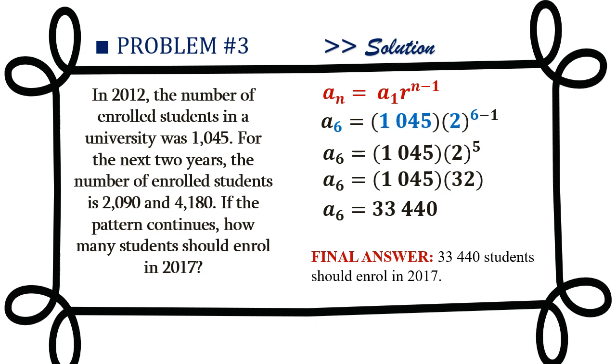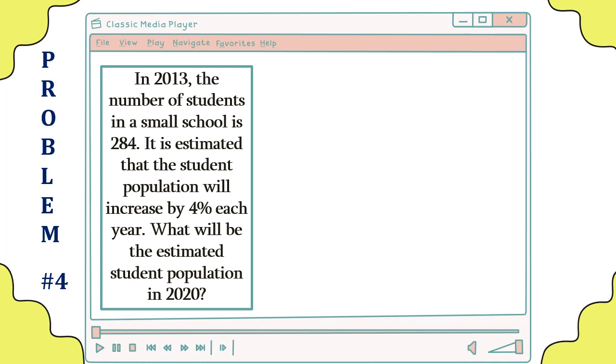Okay, so that's it. Now, let's have our problem number 4. In 2013, the number of students in a small school is 284. It is estimated that the student population will increase by 4% each year. What will be the estimated student population in 2020?